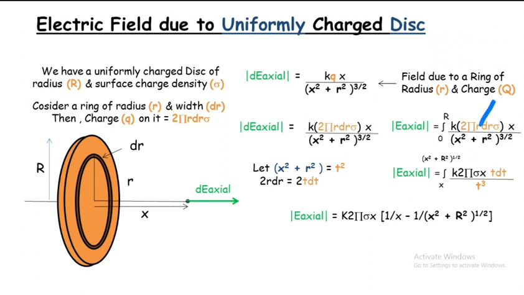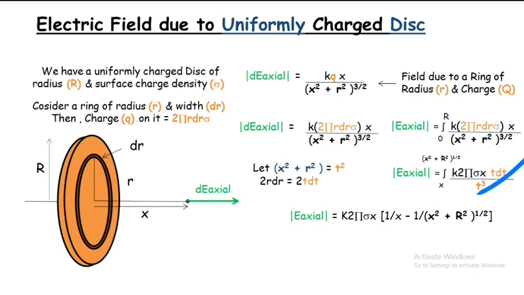As r varies from 0 to R, the variable t varies as follows: when r is 0, t square is equal to x square, or t is equal to x. When small r is capital R, then t will be root under x square plus r square, which is equal to x square plus r square to the power 1 by 2.